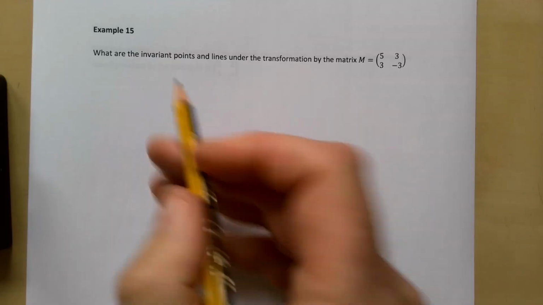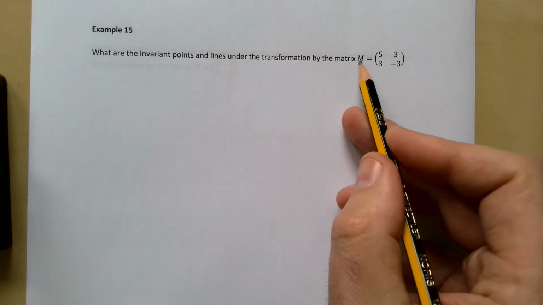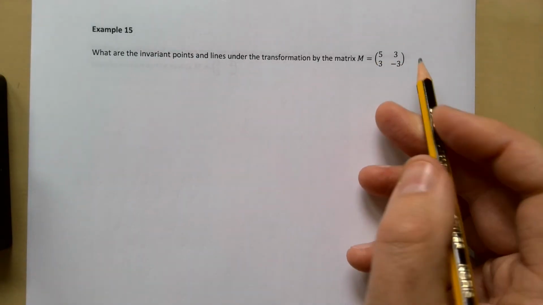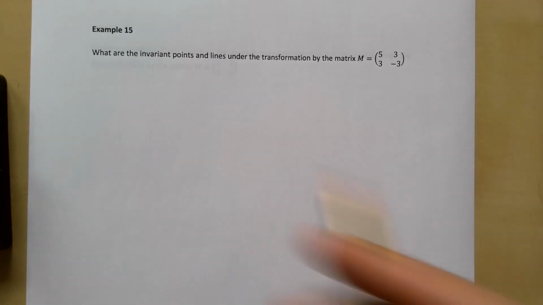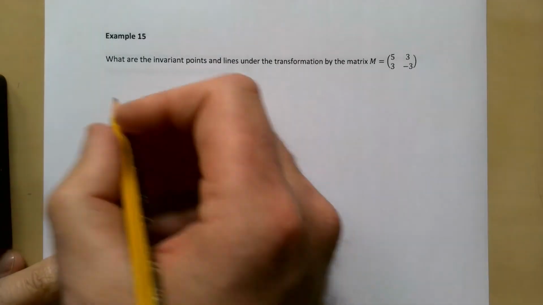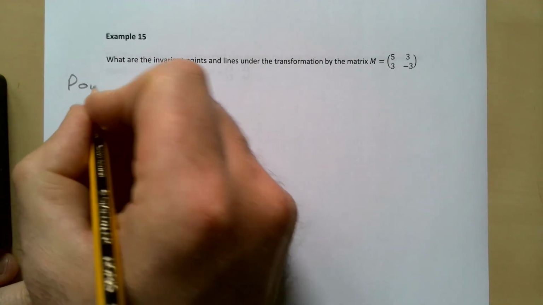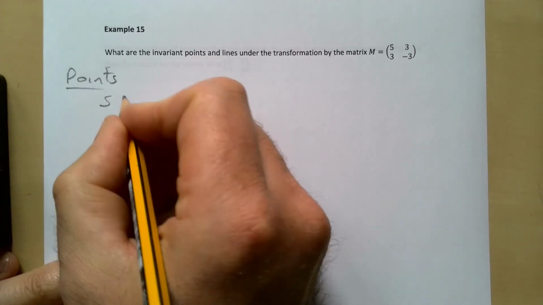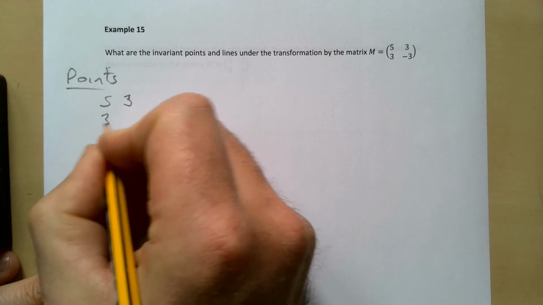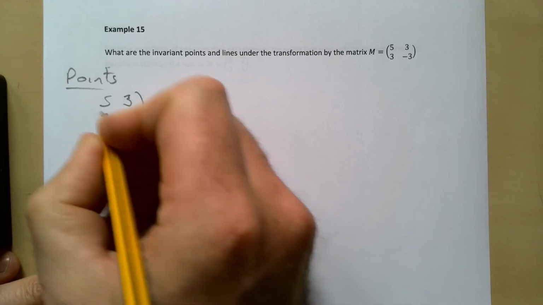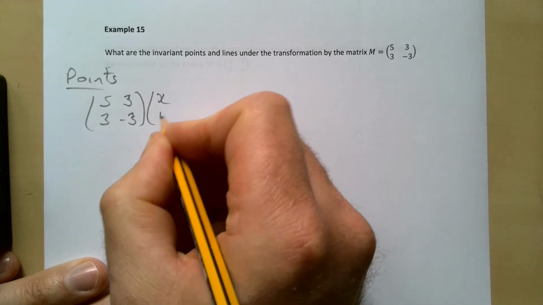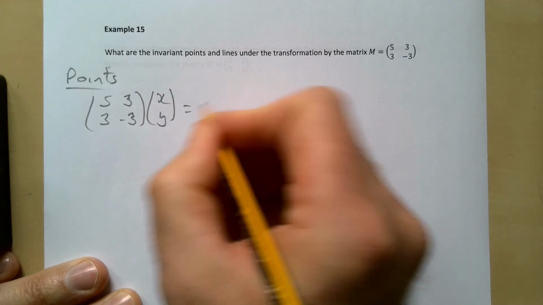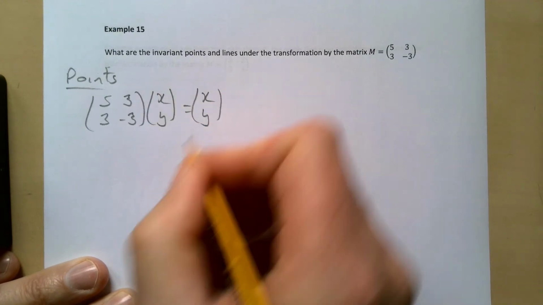What are the invariant points and lines under the transformation by the matrix M, 5, 3, 3, minus 3? Invariant points, first of all. We want to know the points x, y that go straight to x, y.